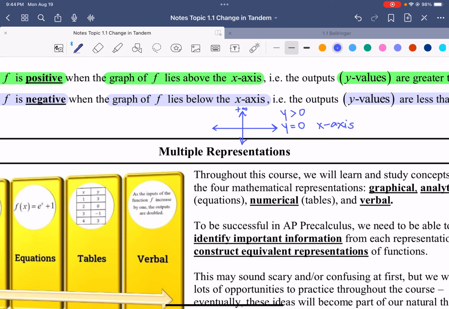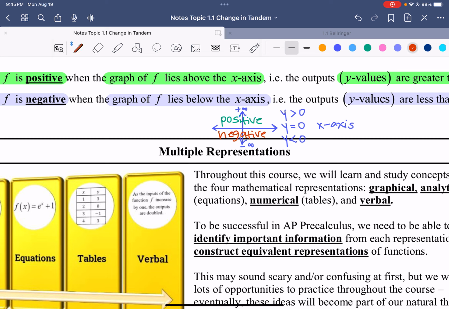If you go down on the y-axis, you go towards negative infinity, towards the negative numbers. So underneath the x-axis, your y values are less than 0. That means that if you're above the x-axis, your function will be positive. If you are below the x-axis, your function will be negative. Okay?